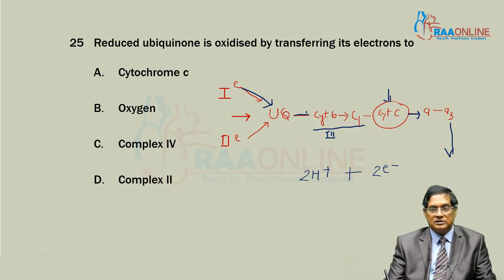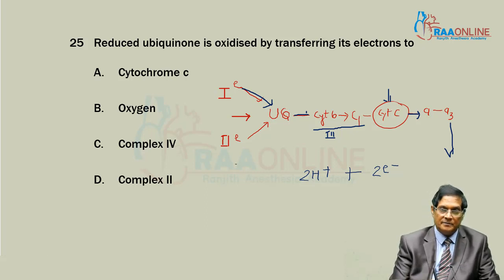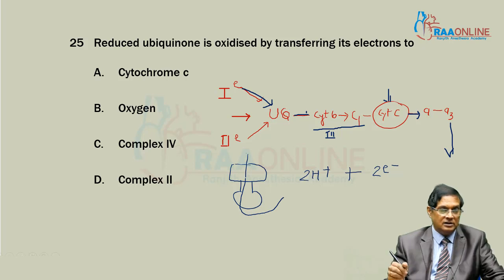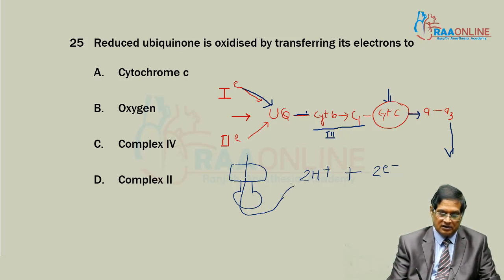These protons come from the F0 F1 particle, these are the H ions from the perimitochondrial space. So these electrons are finally taken up by the hydrogen ions and oxygen of the atmosphere gets converted into a molecule of water.